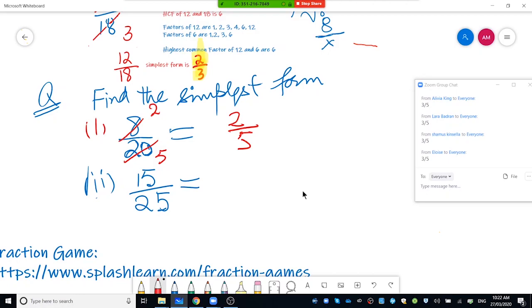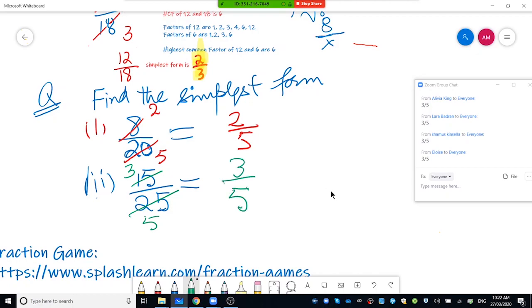We see the highest common factor is 5, and if we divide, let me take a green color instead of a red color. 5 times 3 is 15 and 5 times 5 is 25, so this becomes 3 over 5.